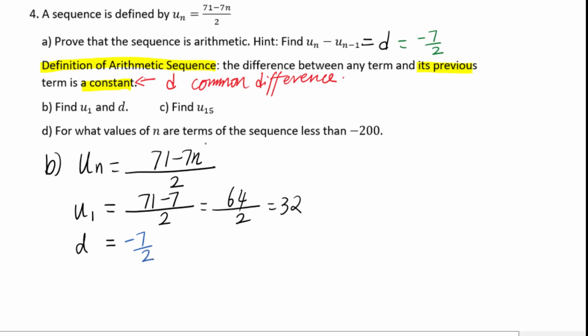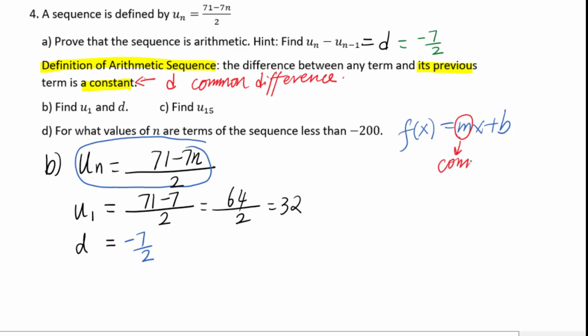Or you can get it from the general form. We know the general form of an arithmetic sequence is a special linear function. For a linear function, we have mx plus b, and the slope will be the common difference. So for u sub n, I can write down 71 over 2 minus 7 over 2 times n.